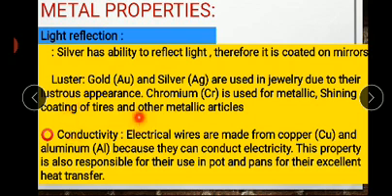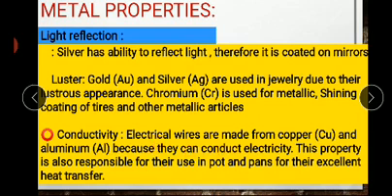Next, the main property of metal is conductivity. Metals are very good conductors of heat and electricity. So copper and aluminium are used. Just like copper is used for electrical wires, aluminium is also used. Why?